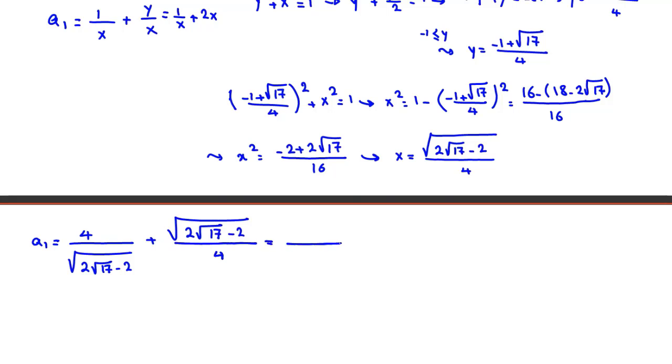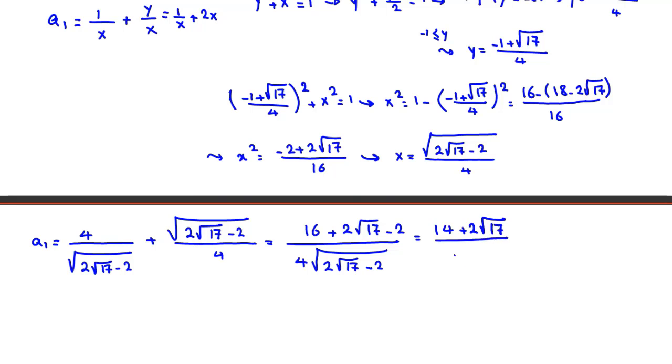Now, if you use a common denominator, it will be 4 times 4 is 16, plus the product, which will be 2 root 17 minus 2. So it was 16 minus 2, 14, plus 2 root 17, all over 4 times the square root of 2 root 17 minus 2. Now if you divide both numerator and denominator by 2, it will be 7 plus root 17 all over 2 times the square root of 2 root 17 minus 2.